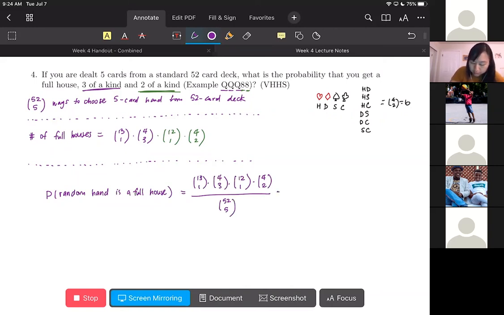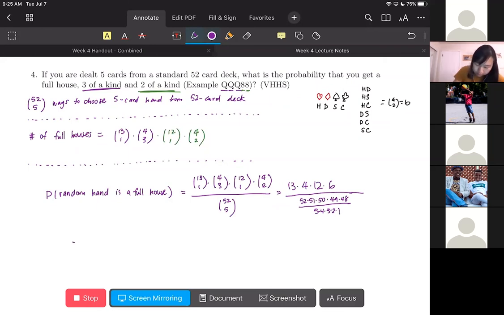And we can simplify this together a bit. So the top becomes 13 times 4 times 12 times 6. And the bottom becomes 52 times 51, 50, 49, 48 over 5, 4, 3, 2, 1.